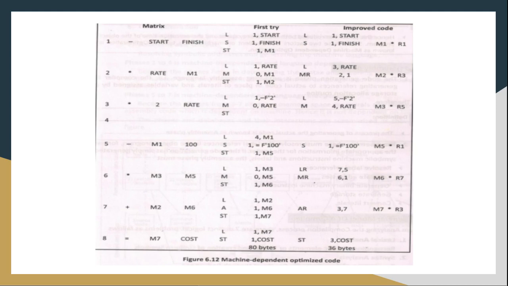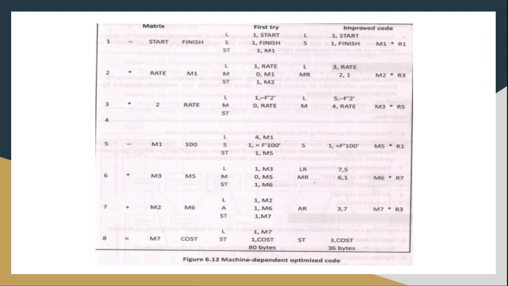Next, for the multiplication operation, what are we doing? Store the rate value into another new register, that is register number 3. Now multiply register number 3 content with register number 1. What is register number 1 content? Start minus finish value.